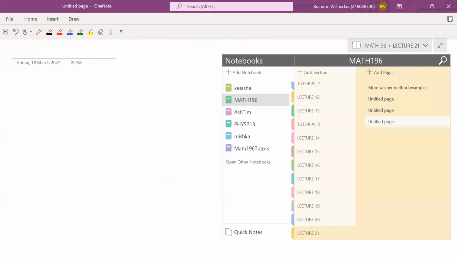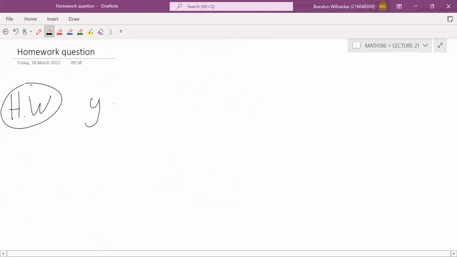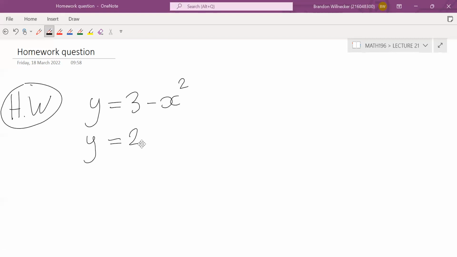So it's the homework question. We've got the curve y equals 3 minus x squared and the line y is equal to 2. Those are the two curves.